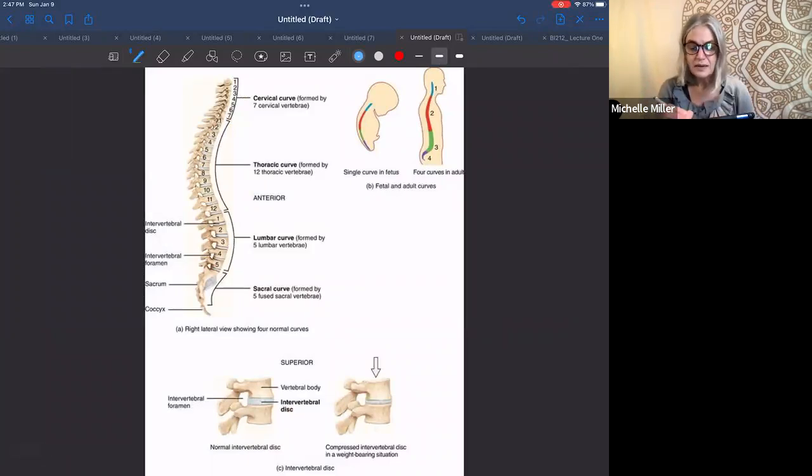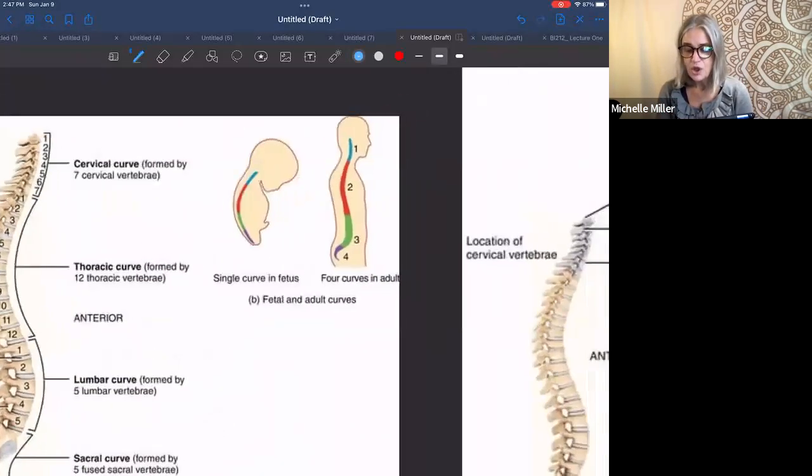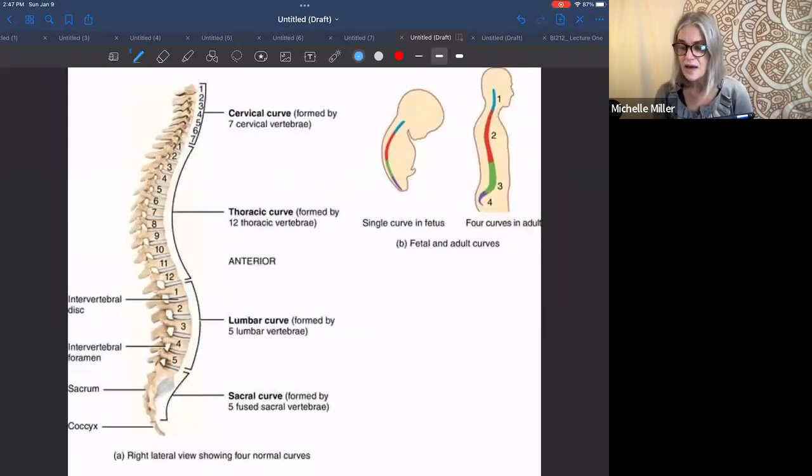So again, these are numbered. They also, interestingly, if we look at the development of our curves, natural curvature is super important. When we don't have natural curvature, we can have damage to the spine and damage to our spinal cord. So when we look at the single curve of the fetus, right?